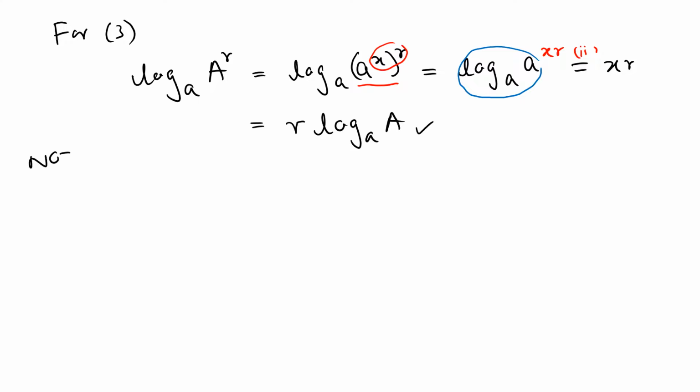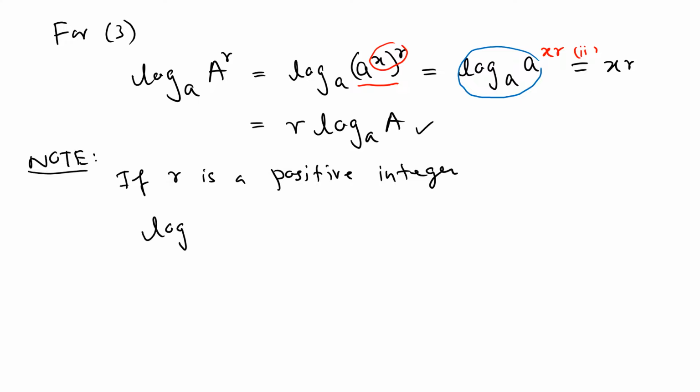And what happens if r is a positive integer? Let's say if r is a positive integer, we have a shortcut, a different proof. If r is a positive integer, then we can write log a to the r as the expanded version. a to the r means you multiply a, r times.